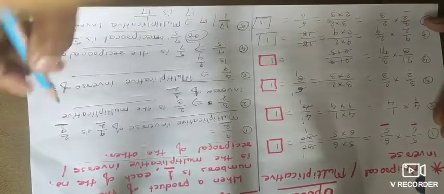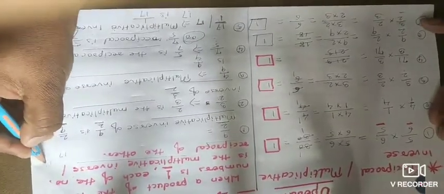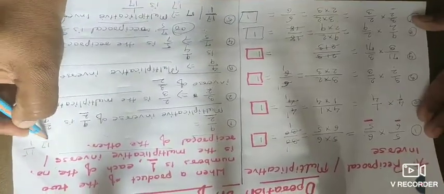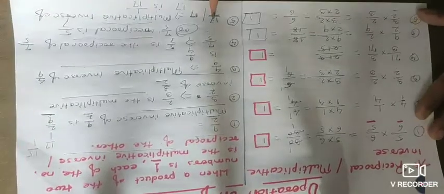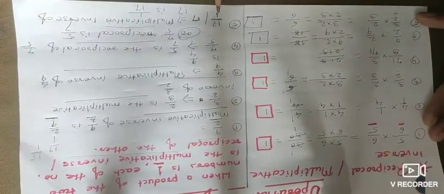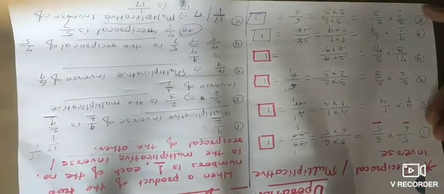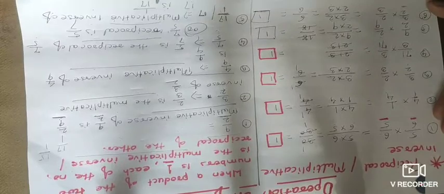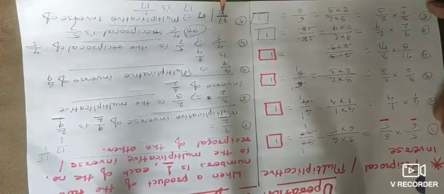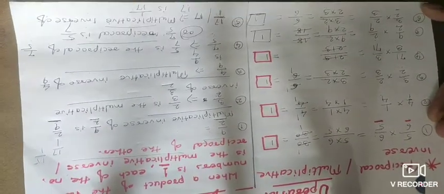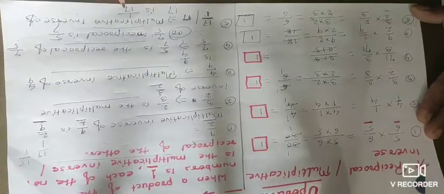If any number is there, if it is 17, it may be 15, it has a denominator 1. So here it is 17, its denominator is 1. So we have to write multiplicative inverse of 17 is 1 upon 17. If you are writing 17, then also its multiplicative inverse is 1 upon 17.